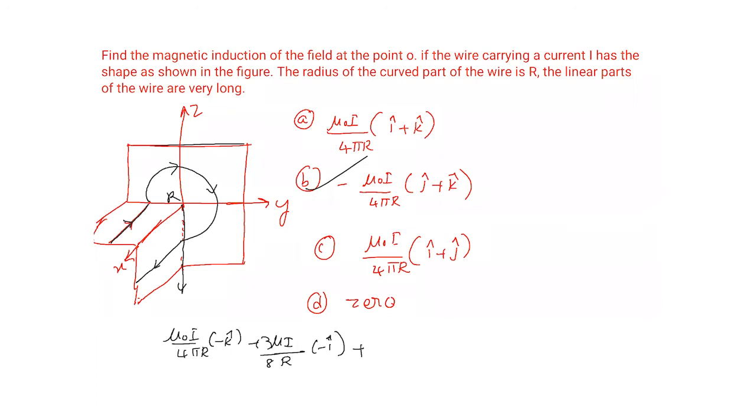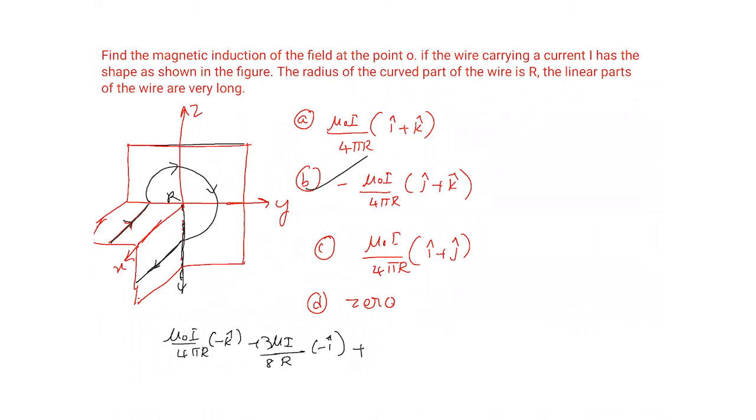Plus this will be mu naught I by 4 pi R. This part will not produce any magnetic field, but here this will produce magnetic field.